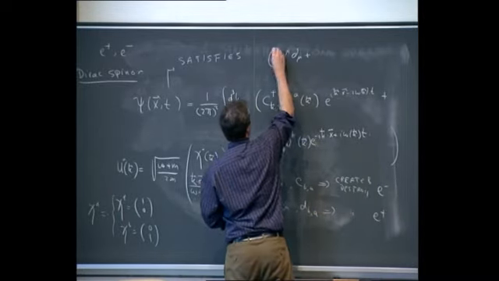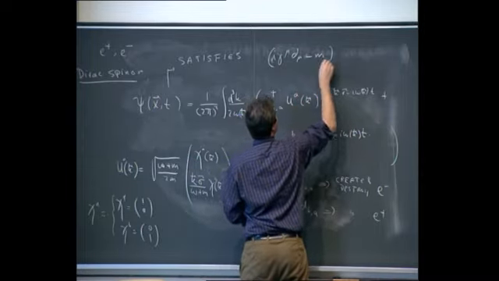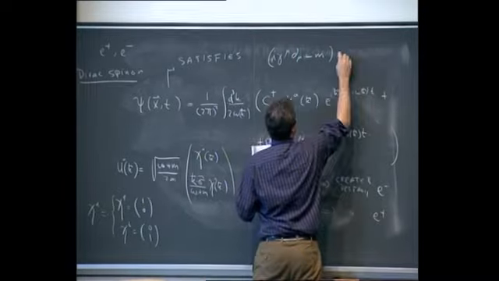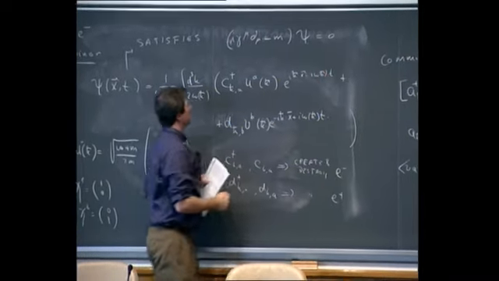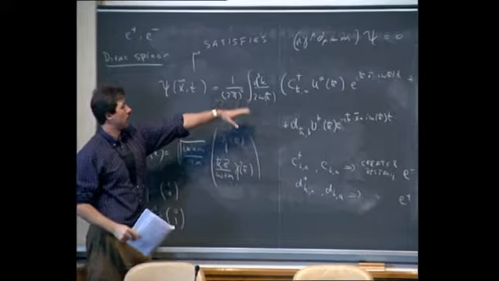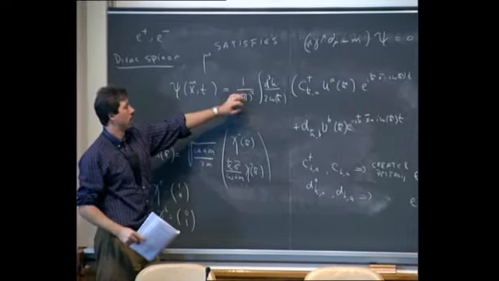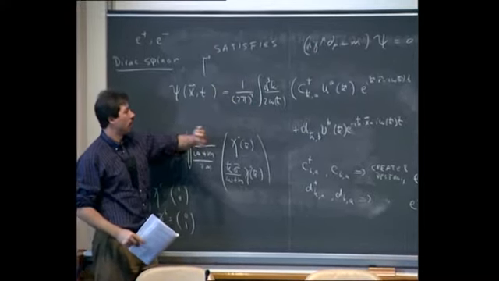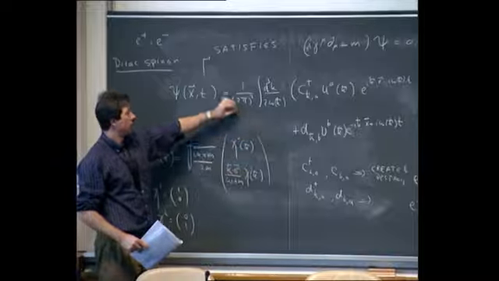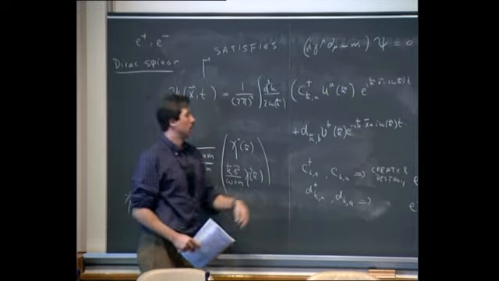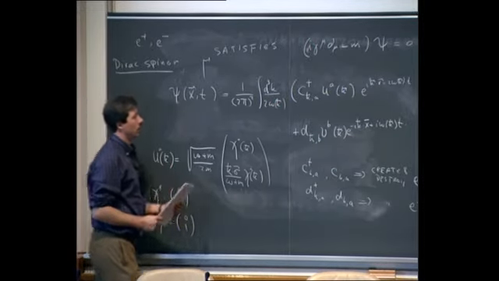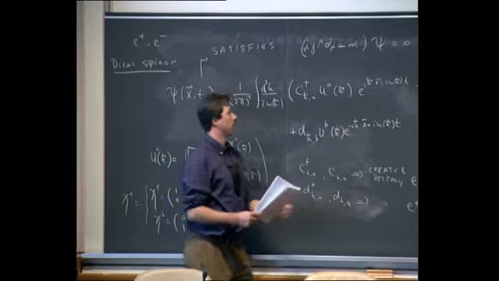There's an i, gamma dot partial, minus m, psi equals 0. So this is a solution to the Dirac equation, except there's an important difference between these fields and the wave functions which I wrote down before, namely the fields have positive and negative frequencies, while the wave functions that I wrote down yesterday only contain positive frequency modes.